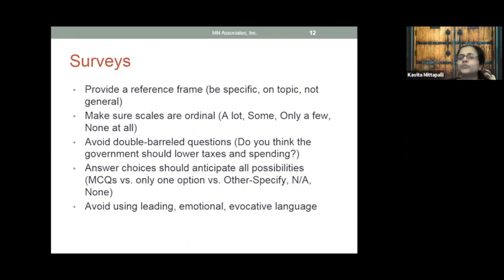You don't want to lose the interest of your participant over just one question. So always make sure that you have all the possibilities there. Avoid using very leading, emotional, and evocative language. We already know that, and it goes back to the concept of being very mindful of your audience and your participant. The participant's time is critical, especially if you are asking a favor of them. So be mindful of those.